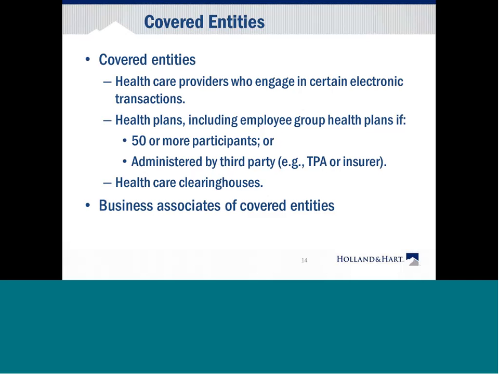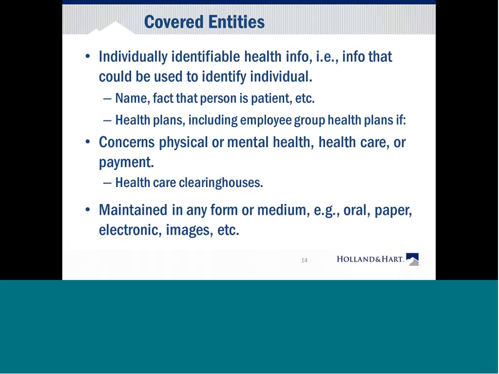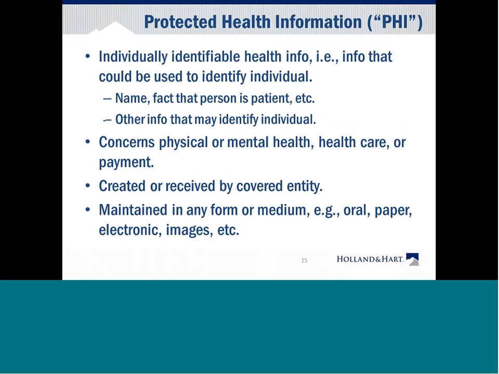If that's the case, that employee health plan is also a covered entity, and it's got to comply with HIPAA. We're not going to focus on that too much. We're really going to focus on the healthcare provider issues. HIPAA also applies to healthcare clearinghouses, and in the wake of HITECH and the Omnibus Rule, HIPAA now applies directly to business associates of covered entities. We'll talk about that a little bit later. Well, that's who it applies to.